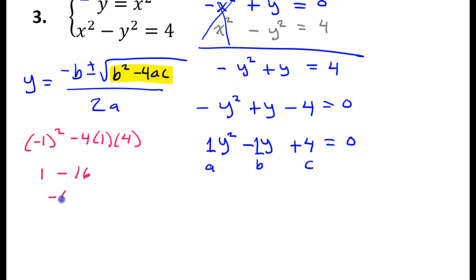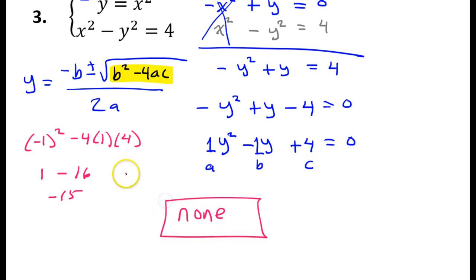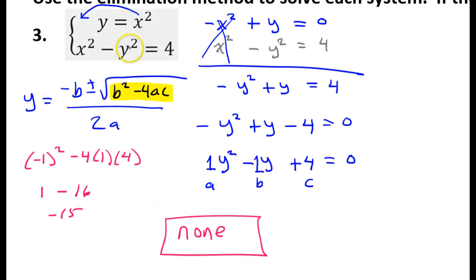So that's going to be negative 15. Well, this is a negative number. A negative number underneath a radical is imaginary. So we are not going to have any real solutions here. So we're just going to write none. There must be no intersection points between these two.